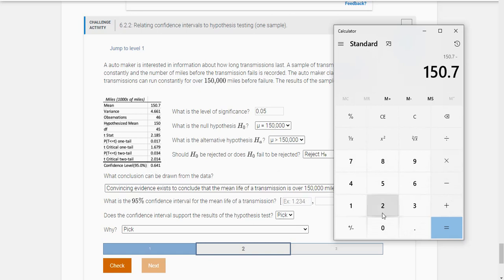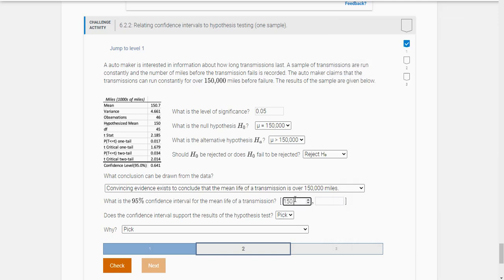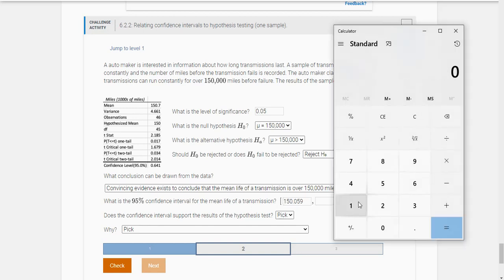You subtract away 0.641 and you get 150.059. Then you do the same thing, except you add: 150.7 plus that margin of error, and you get 151.341.